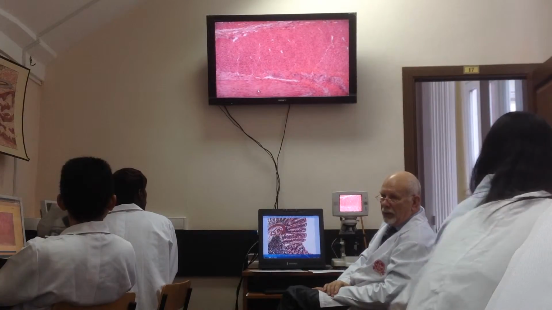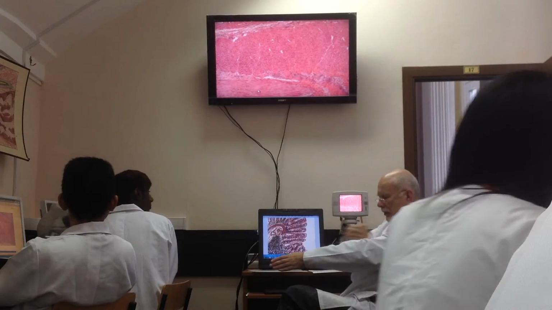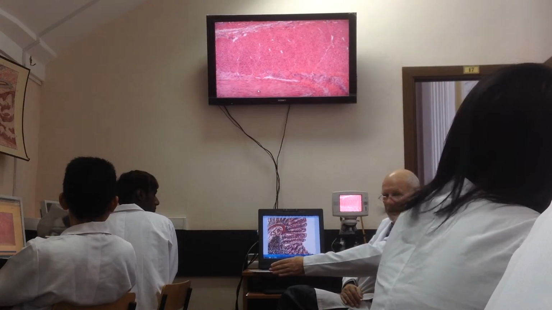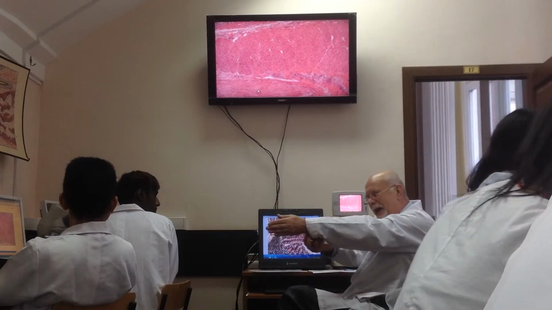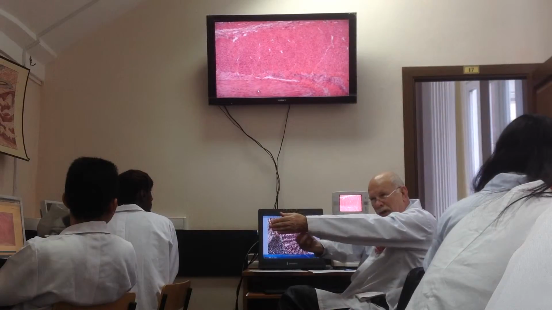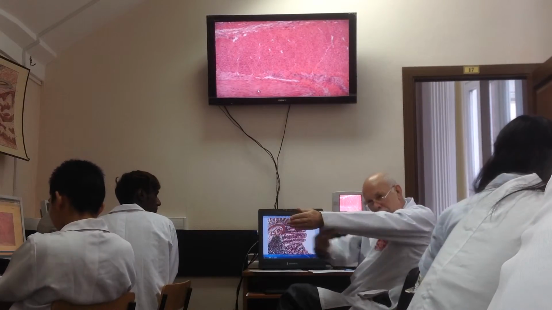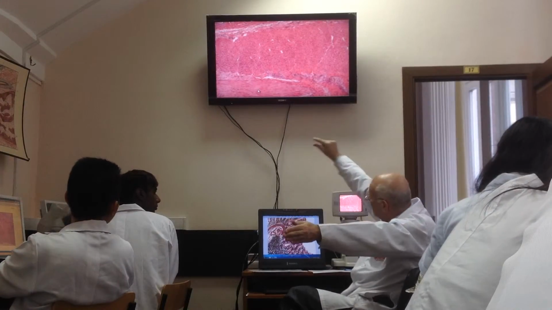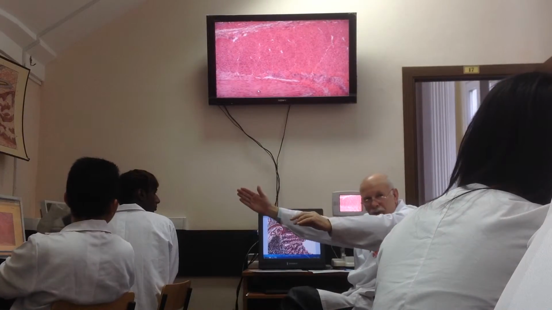And in what way did we cut the organ, the intestine? Along or across? Along, because the external longitudinal layer, the smooth muscle cells are localized longitudinally. And in the section we see that cells have rod-like nuclei, so cells are cut along.